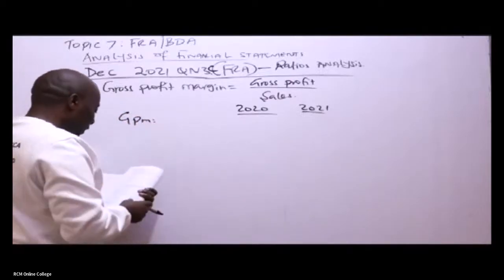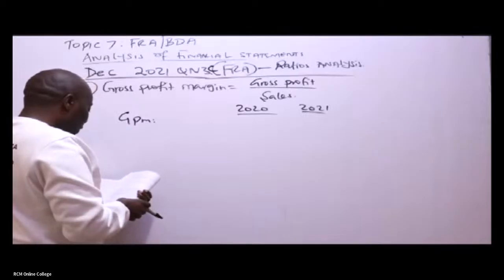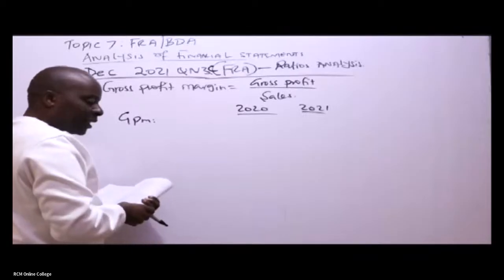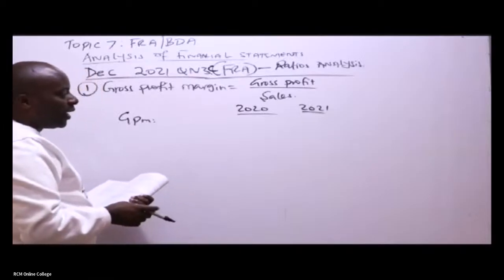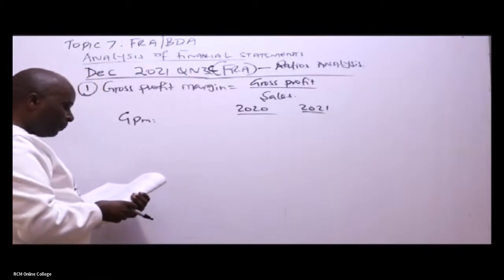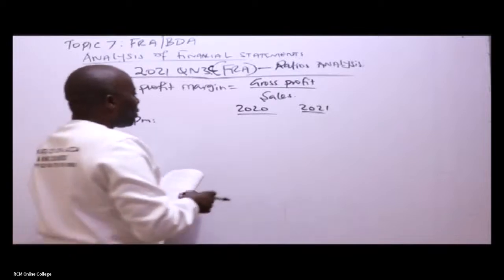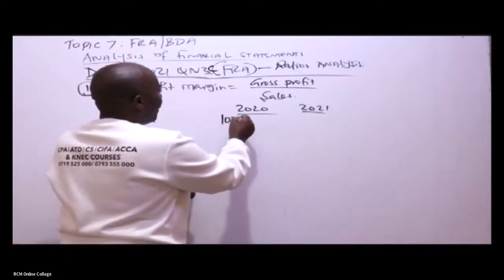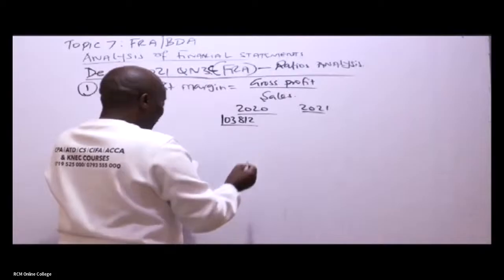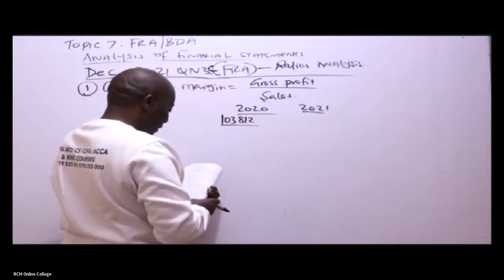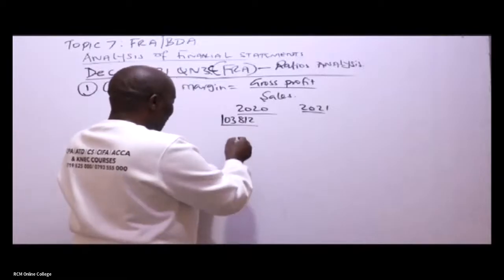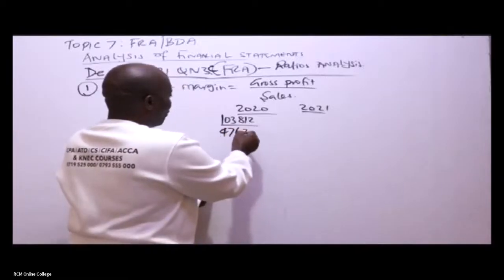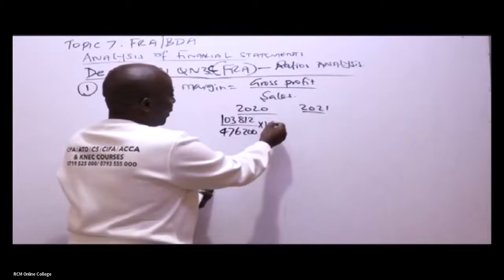For 2020, is there somebody who is able to see gross profit? Yes, I can see it: 103,812. Divide this by the sales revenue for 2020, 476,200, times 100.